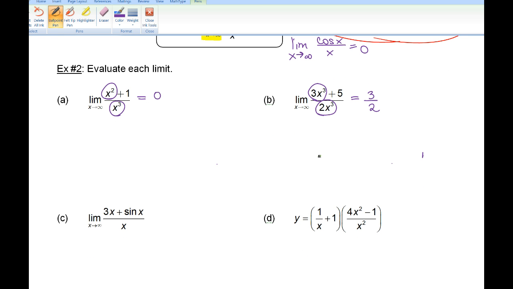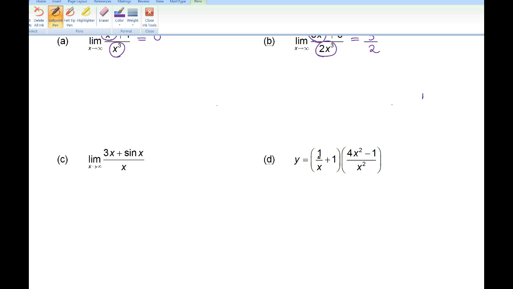Some people like to think about plugging in infinity, and if that's an easy way for you to remember it, fine. I don't like to say plugging in infinity, because technically we can't, because it's not a real number. But basically, when they're the same, we ignore everything else. It's like they cancel each other out, and we just have the coefficients that we're left with.